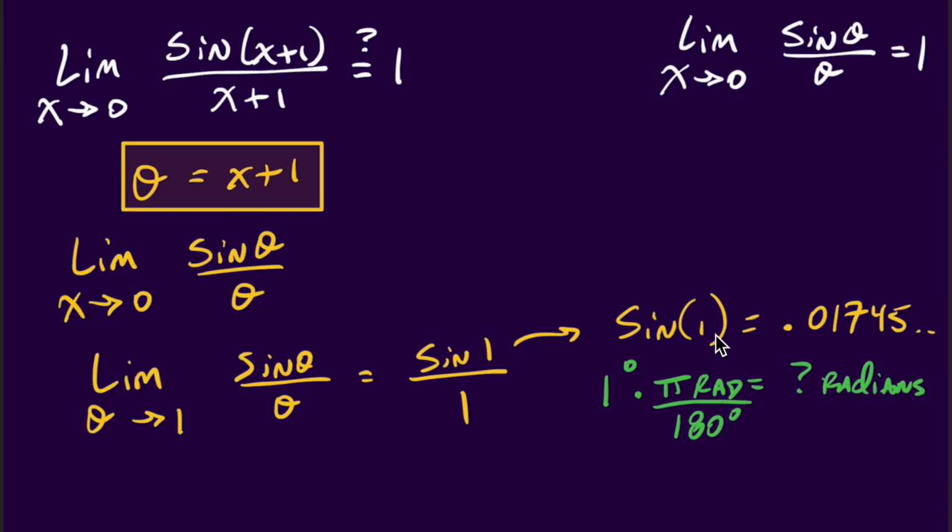Here the degrees cancel out and you get radians. If you put in the sine of pi over 180 when you do radians mode on your calculator, you're going to get the same value.